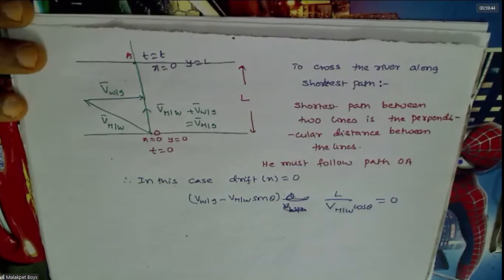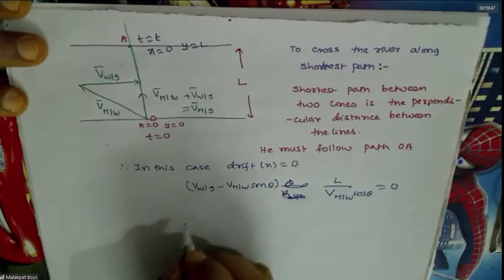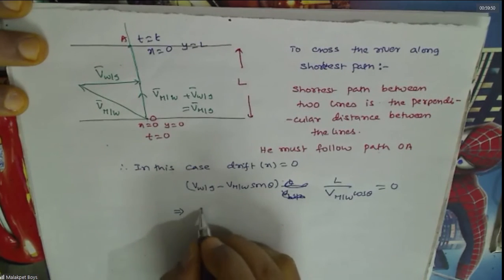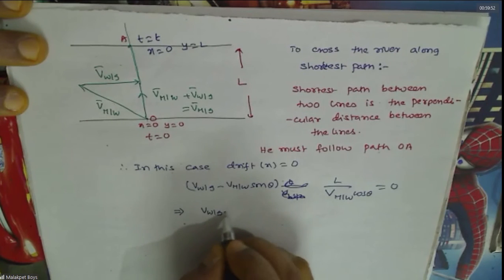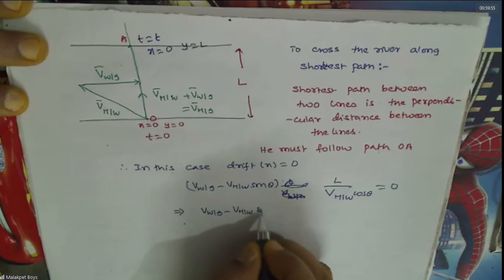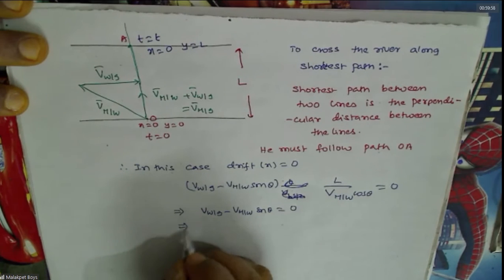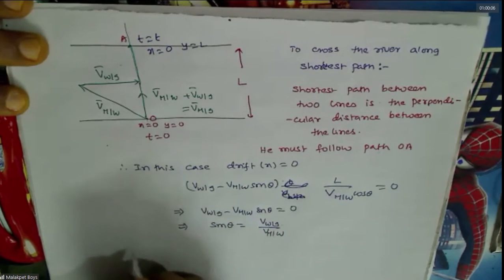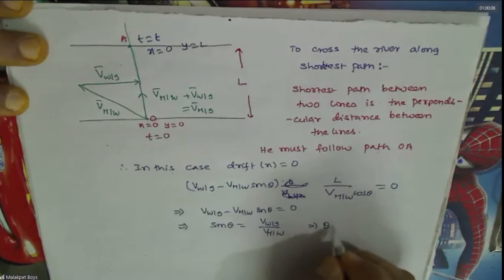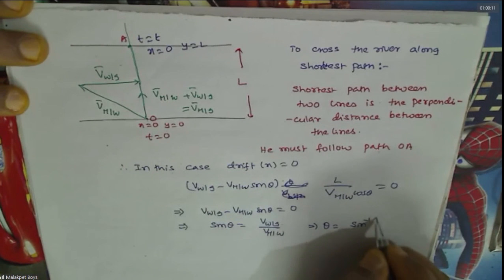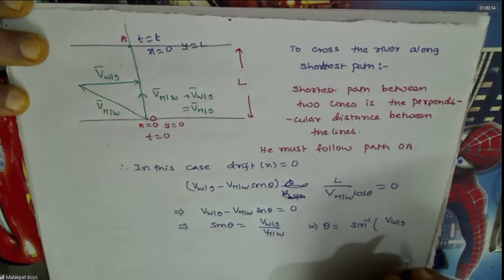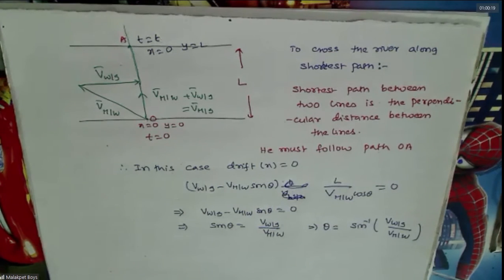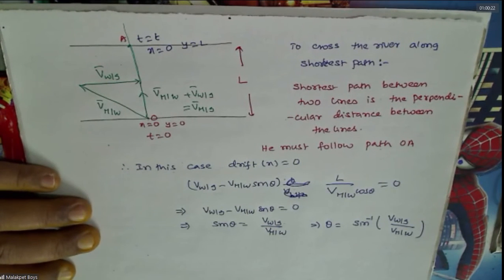Do you agree with this? Clear? This indicates what sine theta is. That means to cross the river, what is the angle he has to make? Sine inverse of the velocity of water with respect to ground by the velocity of man with respect to water. Understood this clearly? Yes, sir. Hello?